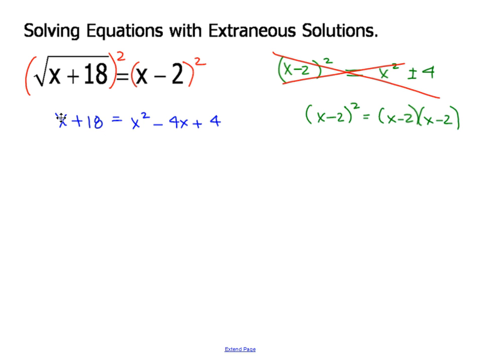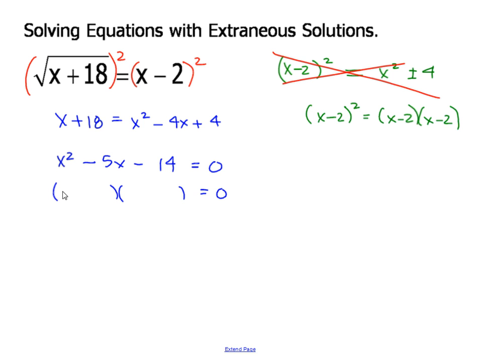So when I move this over, I had x squared. I subtract x, so negative 4x minus x is negative 5x, and then I subtract 18. So 4 minus 18 is negative 14, and that entire thing is equal to 0. Now I can factor the left side.